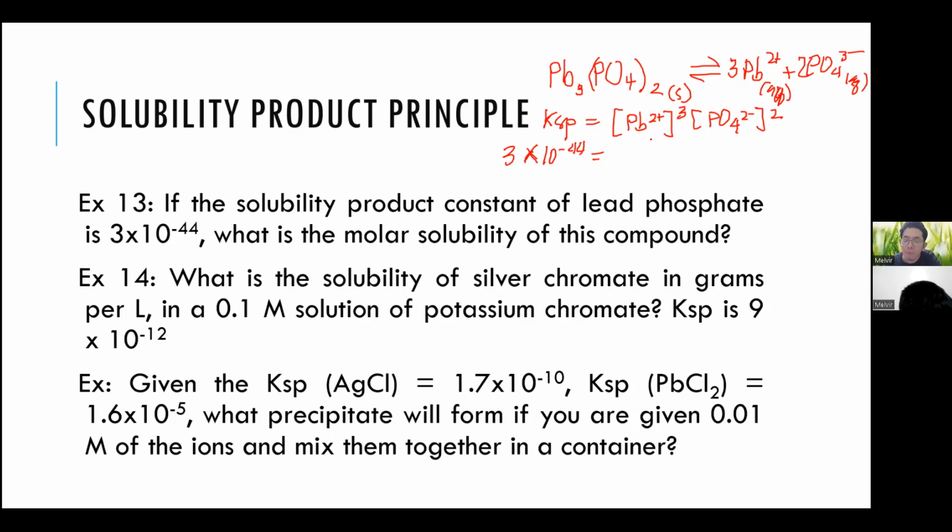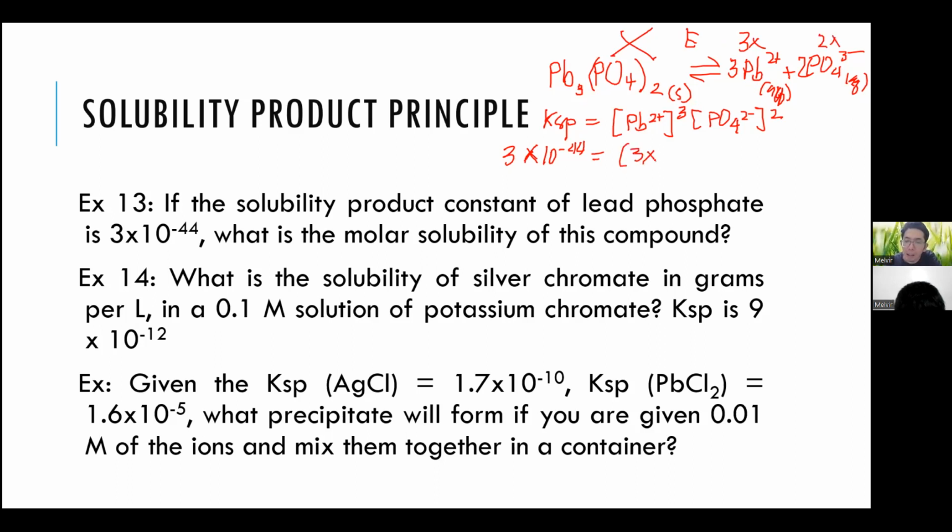So, how much Pb2+ is there in the ICE table at equilibrium? It's 3x at equilibrium, then 2x.